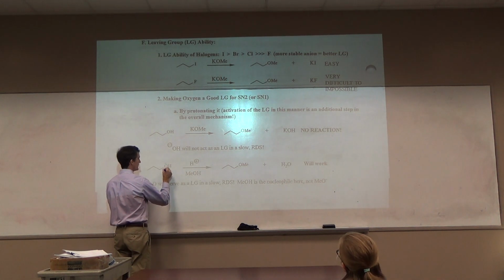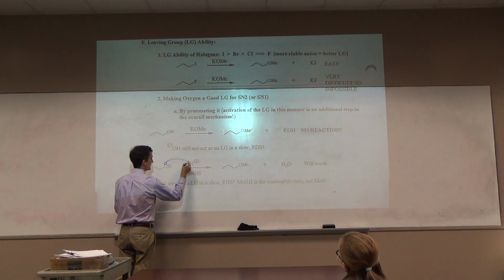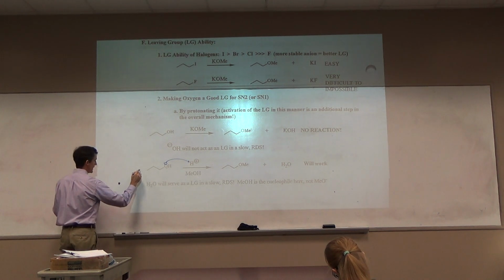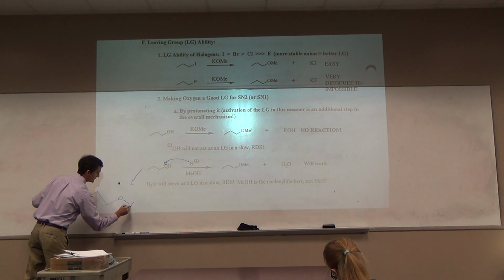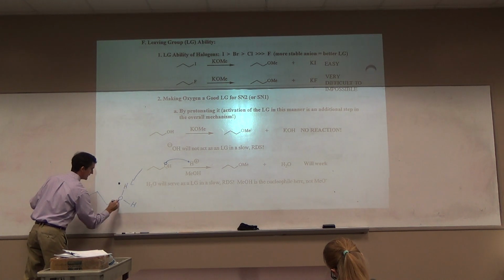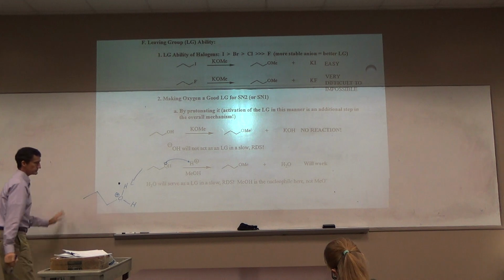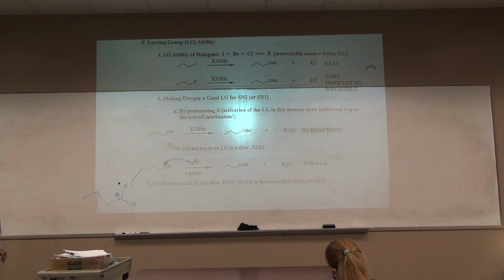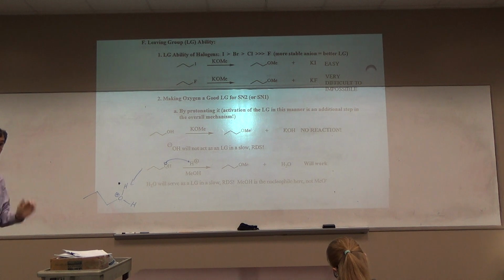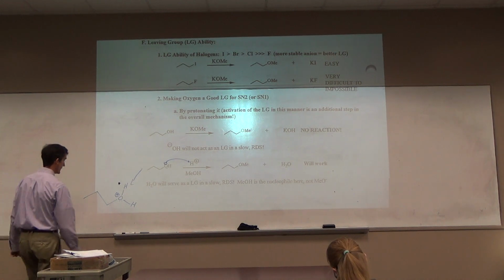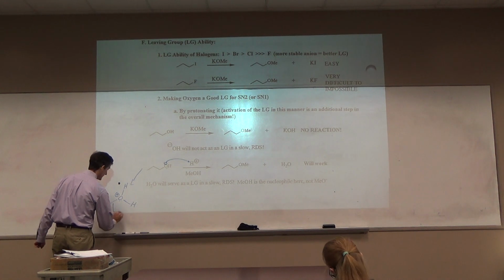If we first protonate the group with an acid-base reaction, sometimes acid, what does that give? Boom, boom, boom. Oxygen with 2 bonds to H. This is called protonating the oxygen. Yeah? H plus is called proton. Acid-base reaction. Now this is a good leaving group.